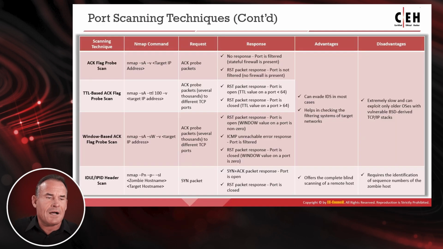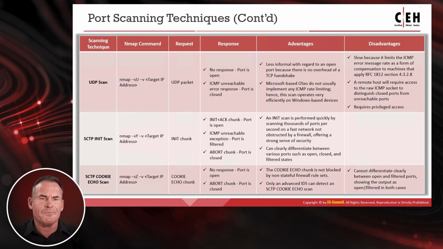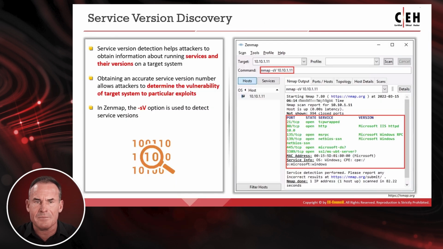All right, so window-based, idle IPID header scan, UDP scan. Okay, no response if the port is open or data back, and ICMP unreachable error if the port is closed. All right, we're not going to worry about the SCTP INITs or the cookie scans yet. Again, we've got plenty to cook on with UDP and TCP for the time being.